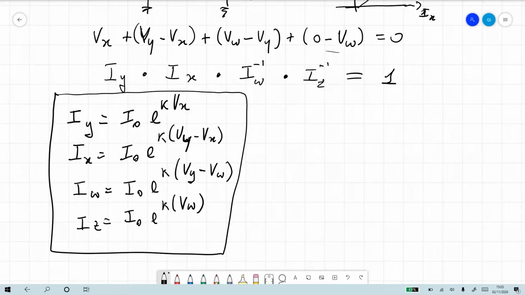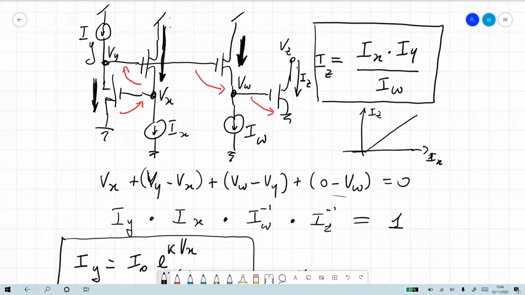So okay, yes. Kappa is actually, we were kind of cheating. We worked for kappa equal to 1. But kappa is multiplying both the gate voltage and the source voltage. So we would have kappa Vx, if we really want to do the VGS. The VGS of the first transistor is not Vx, it's kappa Vx. The VGS of the second transistor is kappa Vy minus Vx.